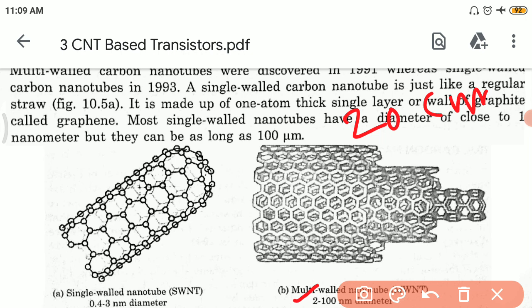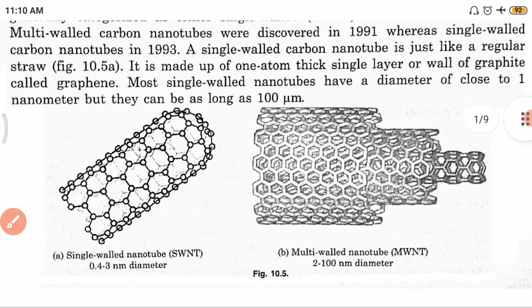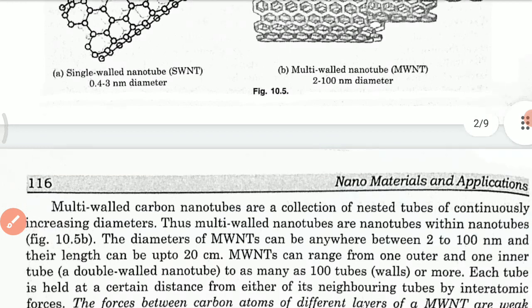So this is, suppose, one wall, two walls, three walls, so up to 100 walls it can vary or even more. And each tube is held at a certain distance from its neighboring tubes by interatomic forces, and the forces between the carbon atoms of different layers of this MWNT are weak van der Waals forces. So this is all about the basic knowledge of carbon nanotubes, that is CNT.